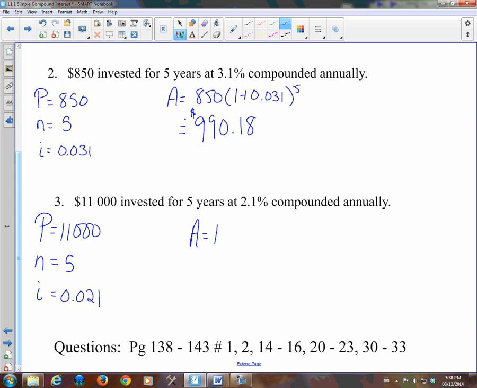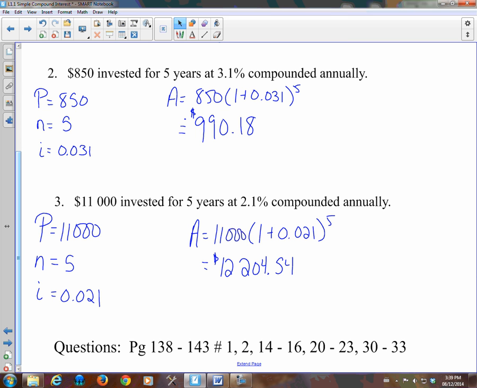So I've got 1,000 times 1 plus 0.021 to the exponent 5. 1,000 times 1.021 exponent 5 is $12,204.54.